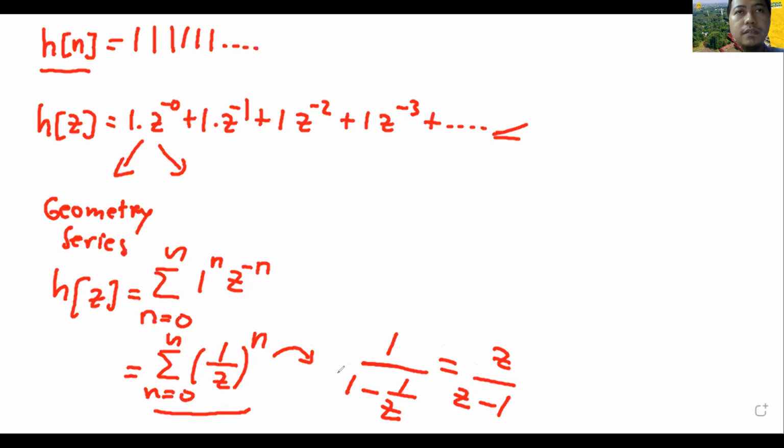Maybe some of you wonder how to go from this form to this form. Actually, it uses a lookup table; you can search on the internet using the keyword geometric series.